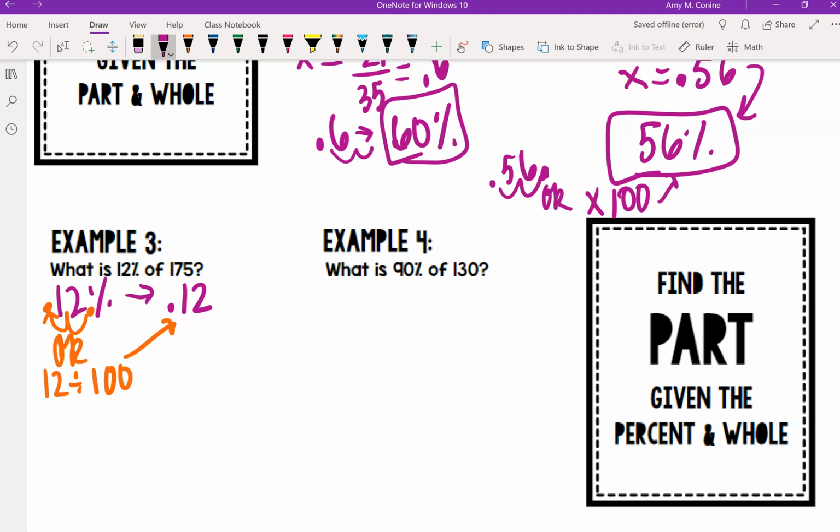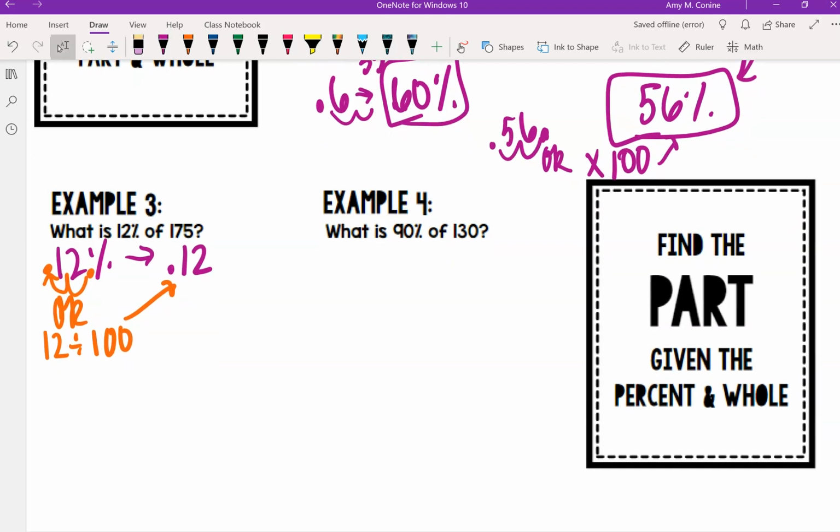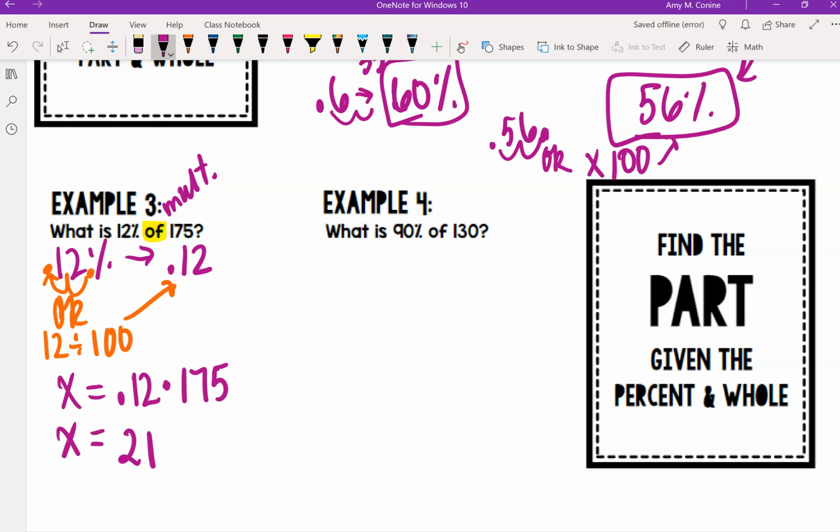Okay? So some unknown is 12%, and then of, right here, this keyword of is multiplication. Okay, so 12% of 175. When you do the multiplication, you should get 21.